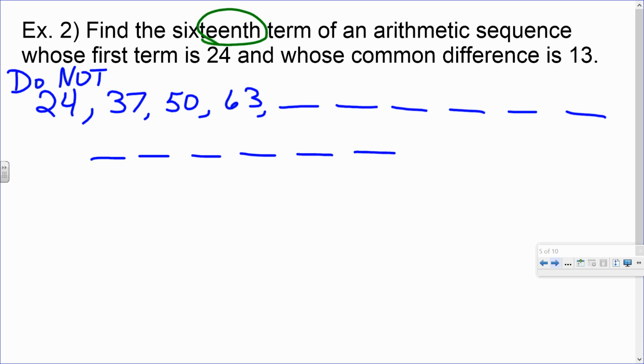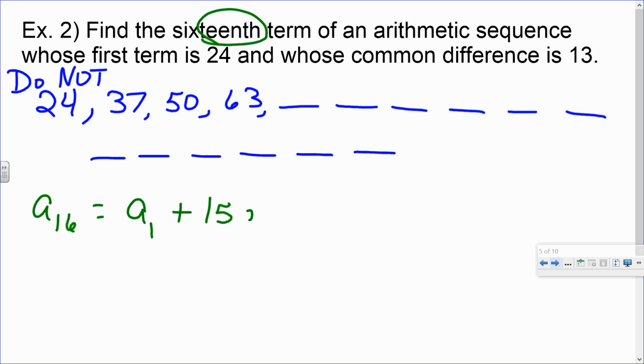So 16th term. So Callum, what is my formula for the 16th term? The 16th term is what? So what's n minus 1 going to be here?